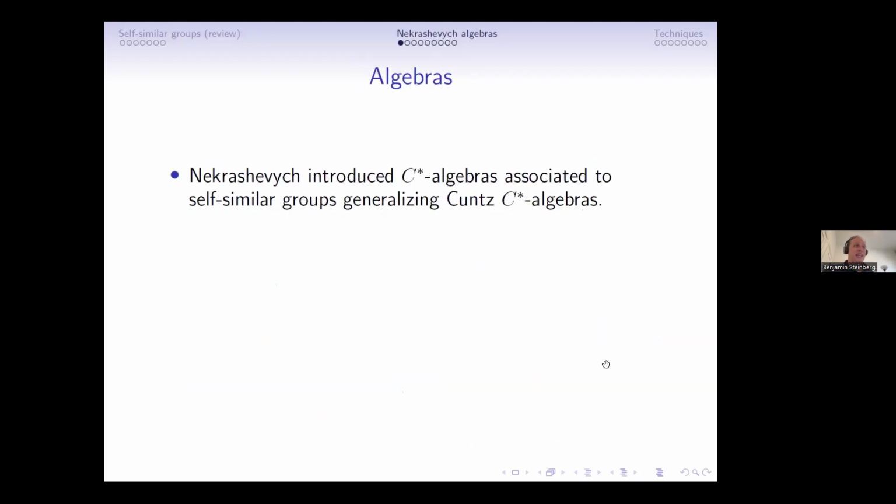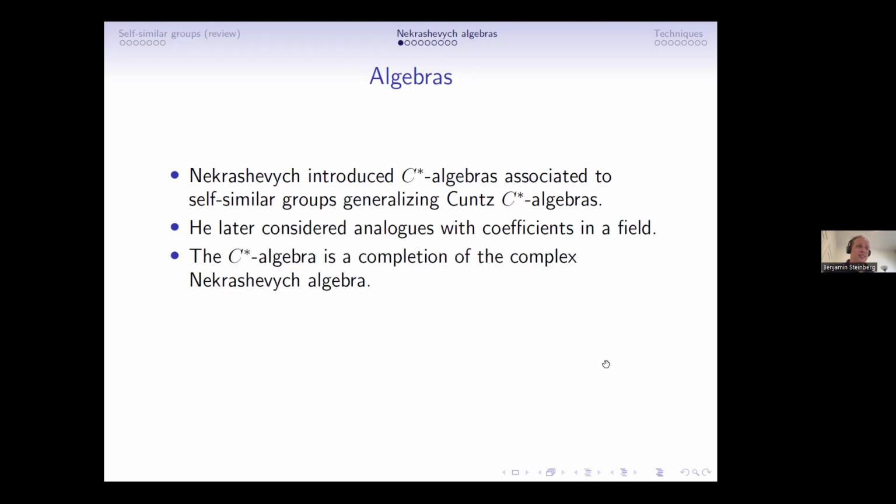So let me now tell you about the algebras. Nekrashevych introduced C-star algebras associated to self-similar groups, which generalize Cuntz's C-star algebras. Then he later considered analogs with coefficients in a field and used them to construct interesting examples of algebras, including disproving a conjecture of Jason Bell on whether there are simple algebras in characteristic 2 with Gelfand-Kirillov dimension, I forget, certain 2 or something like that.